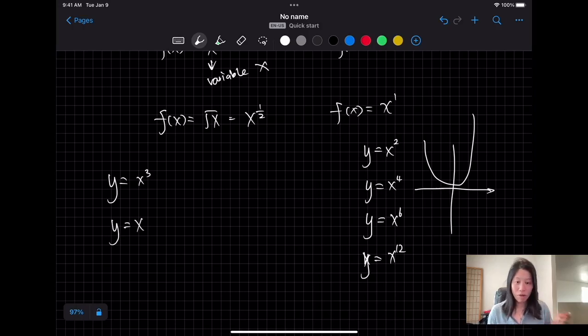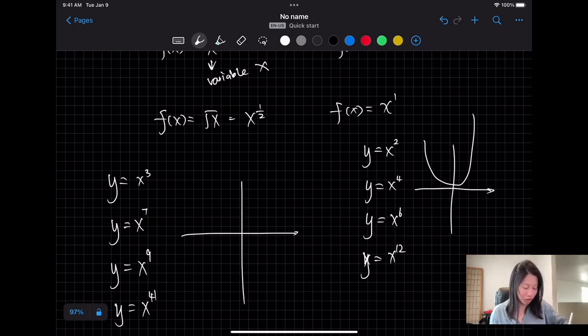If the power function exponent is an odd number, such as 3, 7, 9, or 15, these are odd numbers, what do you think they look like? They're probably similar to the cubic function, which is like this way, right? So now let's check it out.